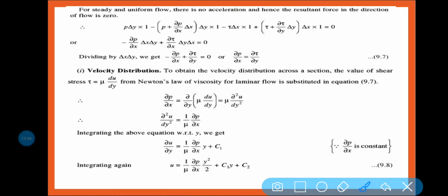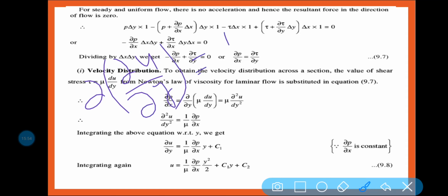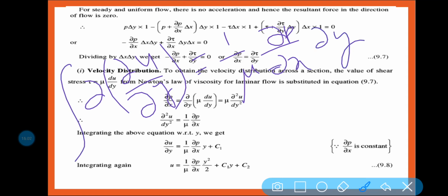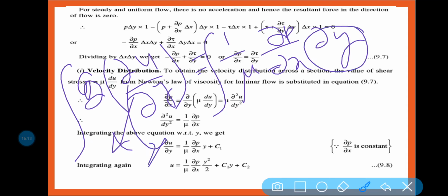Again, del u by del y is equal to 1 by mu del p by del x into del y. If I integrate this part, it will be del u by del y, and this part del p by del x is the constant here.